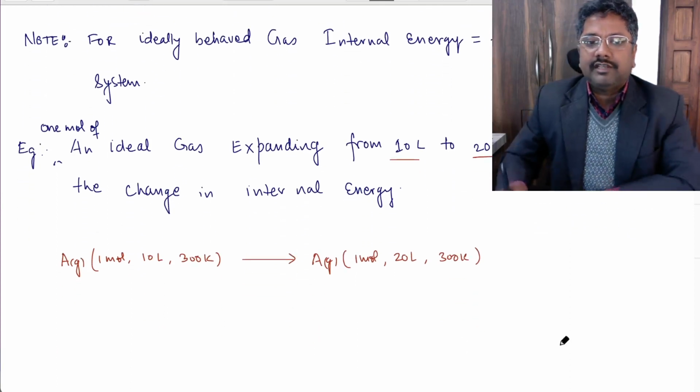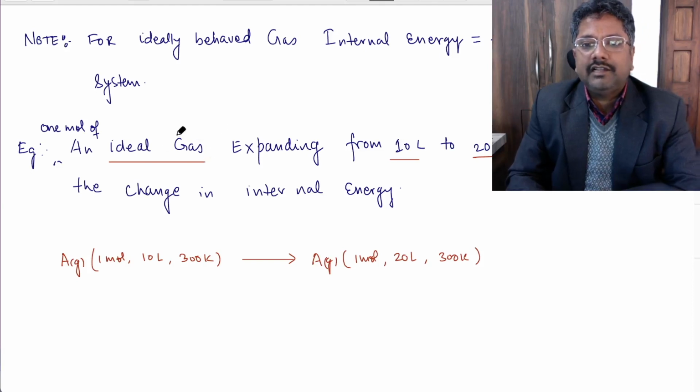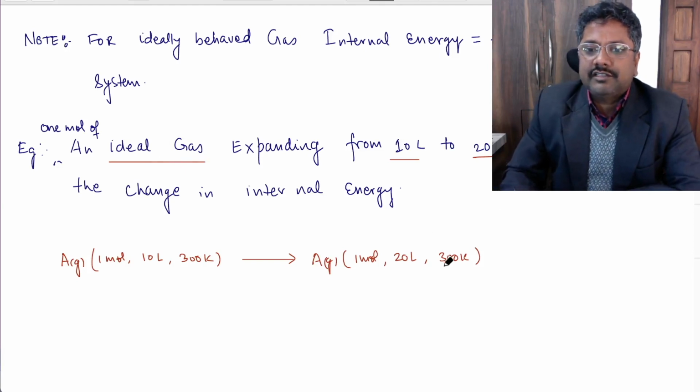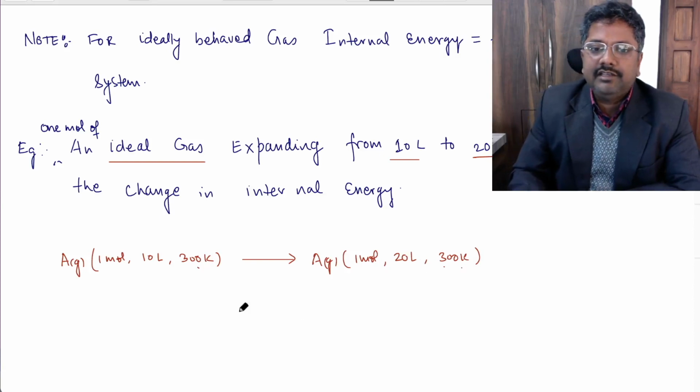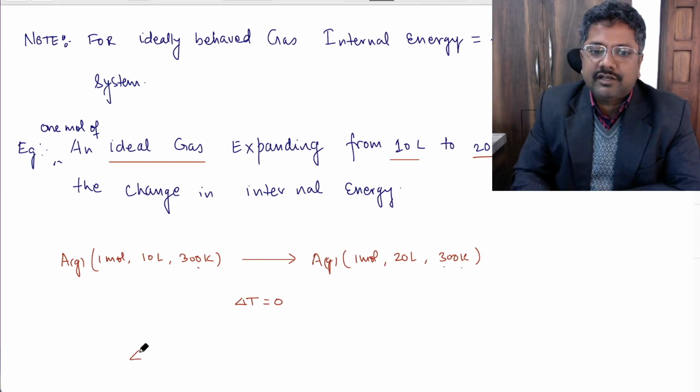Okay, now see, an ideal gas, right? Ideally we have the gases there, and temperature is constant. 300 Kelvin initially, 300 Kelvin finally, meaning delta T is equal to 0. So if delta T is equal to 0 and internal energy depends only on temperature, you can directly write delta E is equal to 0.